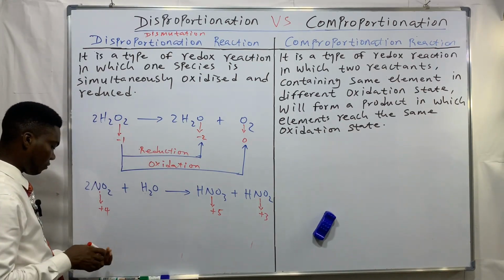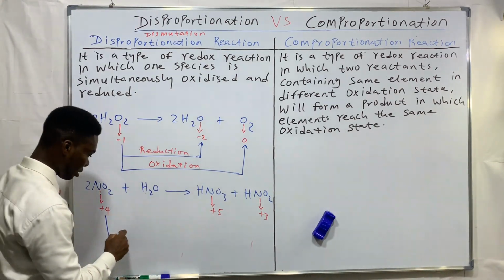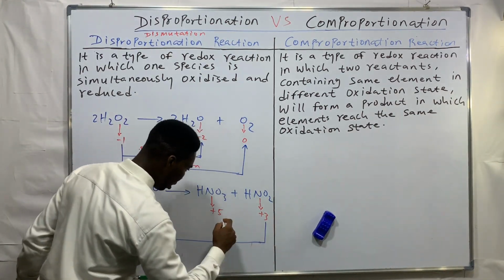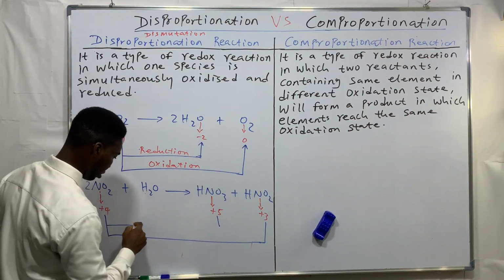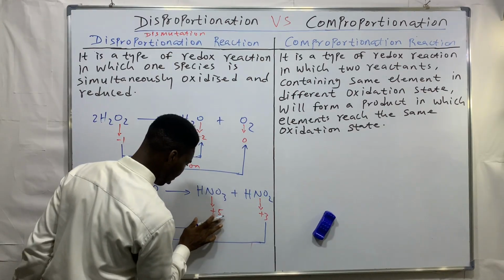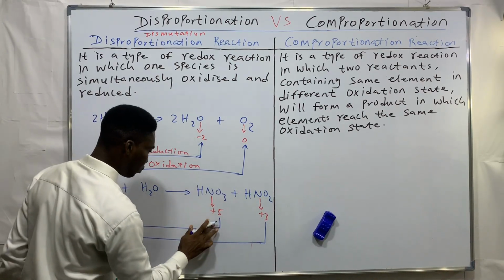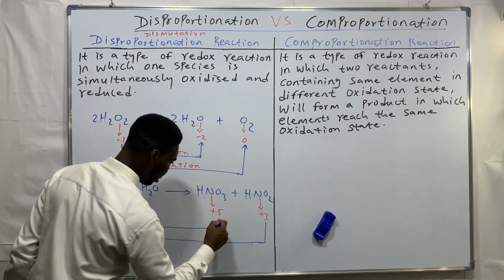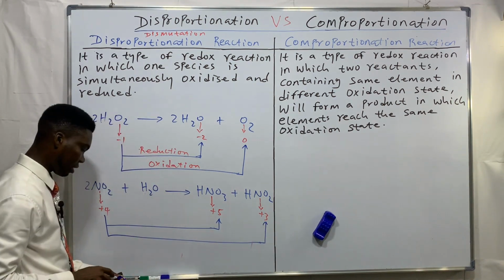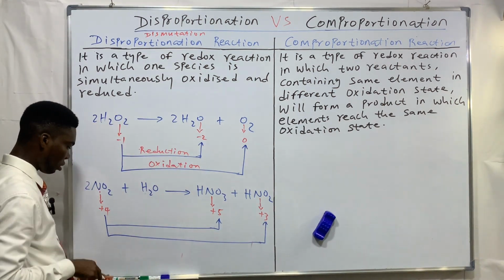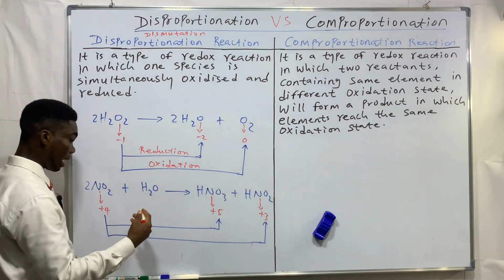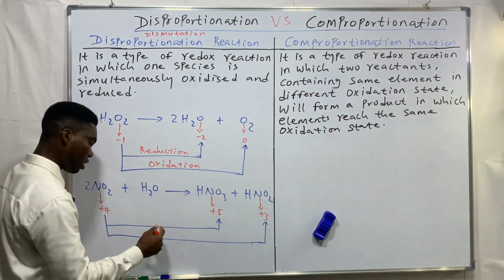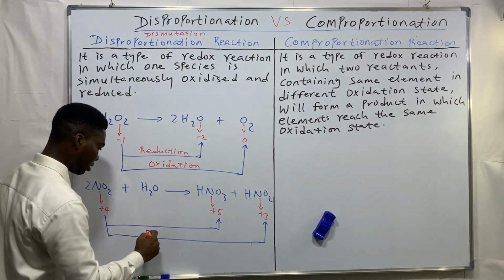So what do you see? From +4 to +3 is a decrease in oxidation number, and a decrease in oxidation number we call reduction.